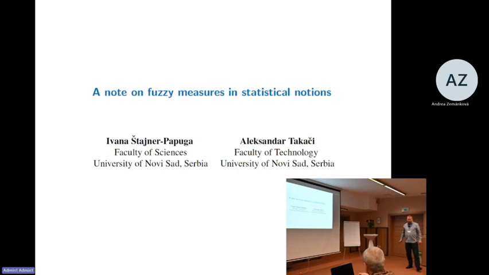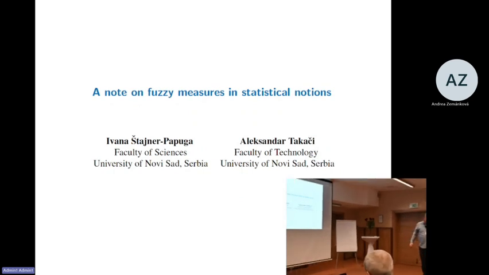Okay, so this is the joint work of Ivana Steiner Papuga and me, and also a group of authors from our universities, especially a professor who is, I should say, one of maybe the best statisticians at the University of Novi Sad, Professor Zagorka Lozanov-Crvenković, actually a good friend of Ivana.